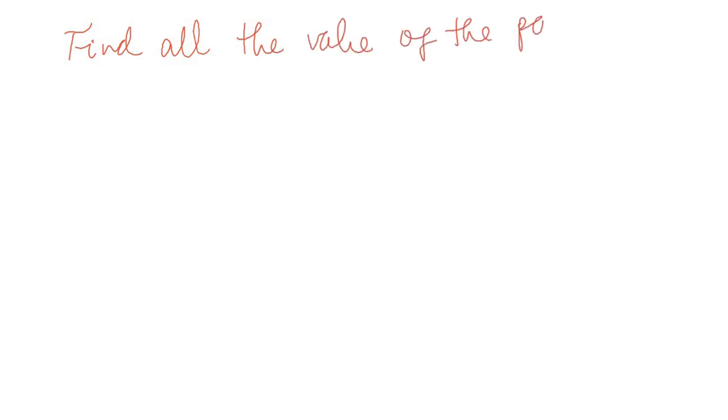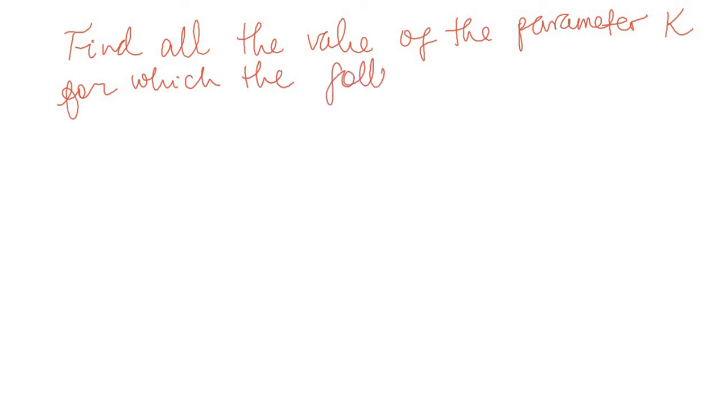And I'm going to give you this question here, which is: find all the values of the parameter k for which the following system of equations does not have a solution. You guys know where this is going.